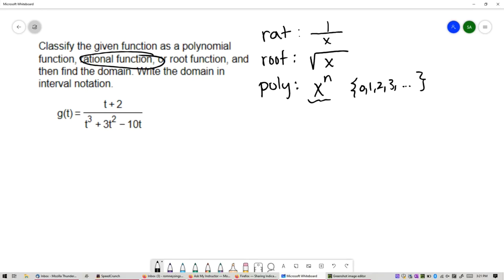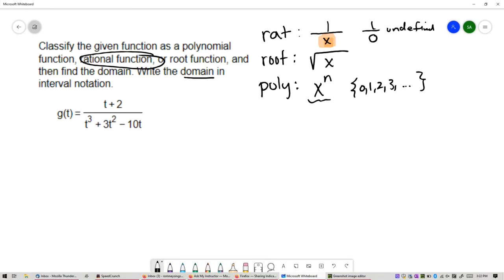Then we want to find the domain of this function. So with rational functions, we have to pay attention to the restrictions. The fact that we have a variable in the denominator reminds us of what our restrictions are. Having a 0 in the denominator is something that is undefined. And this is what's going to cause us to have a restricted value.